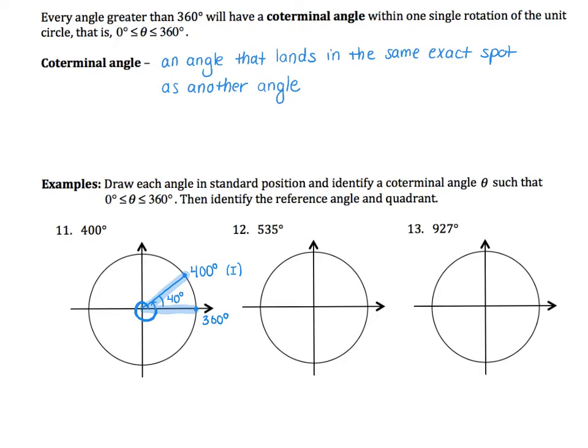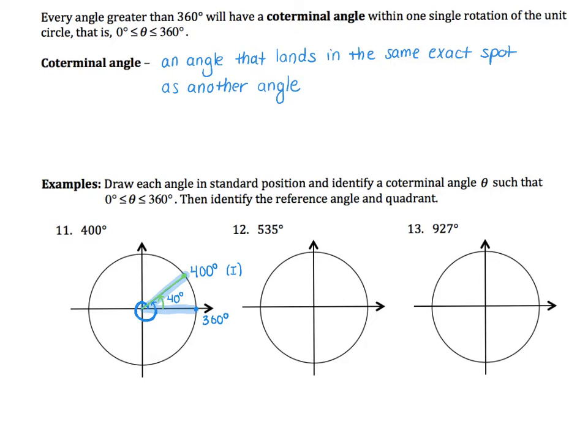Okay, so for example, in number 11, an angle that would be coterminal with 400 degrees would be just plain old 40. If I just started in standard position, rotated 40 degrees, I would land right on top of my 400 degrees.